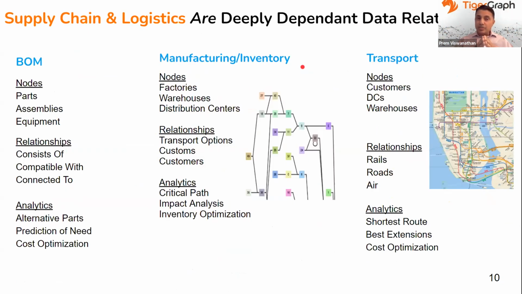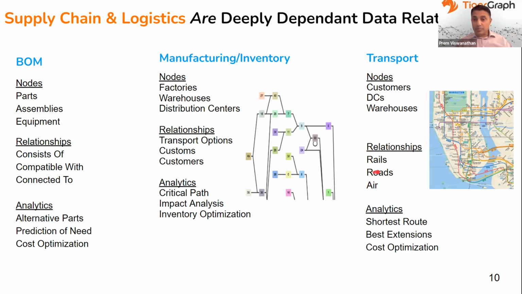Let's look at a different use case, supply chain. We're seeing mention of supply chain all over the news now. If you look at this from left to right, here you've got the bill of materials. So you've got different parts, and the parts are used to make equipment. Then the equipment is made in factories, and then it goes into warehouses and eventually to a distribution center. And then it makes its way to customers. How does it get to the customers?